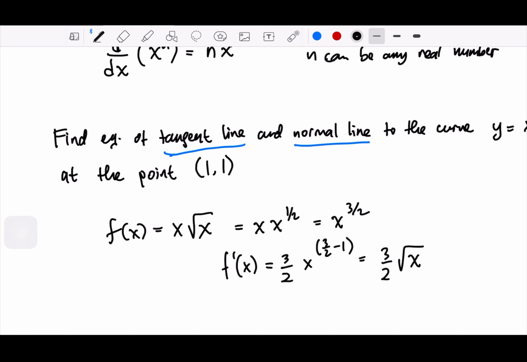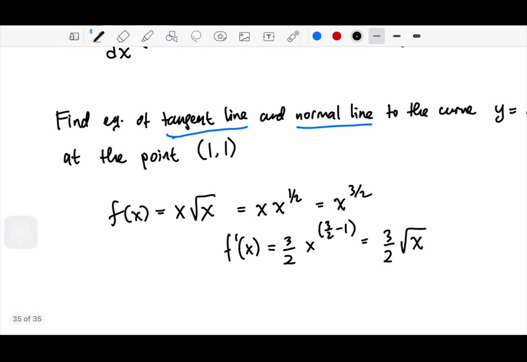Now remember, in every tangent problem, the idea is they are always asking for the slope. If they are asking for the tangent line, they are asking for the slope of the curve. The curve is x square root of x, which means x with power of 3 over 2. And to find the slope is basically the first derivative. I think we had that last week.